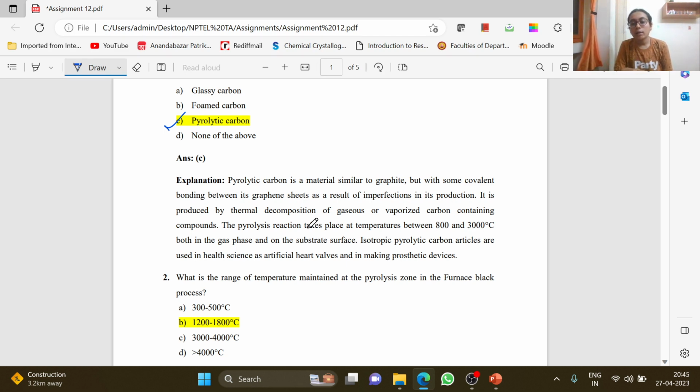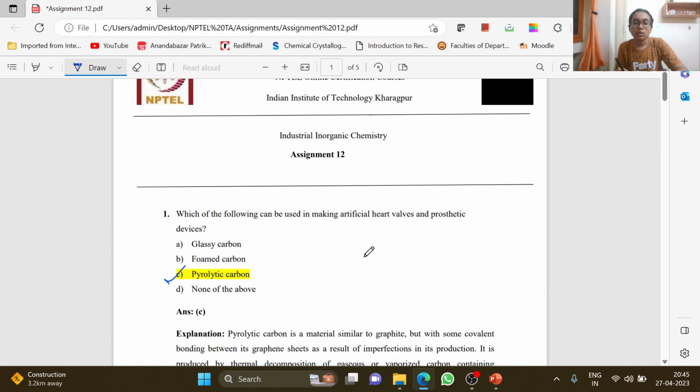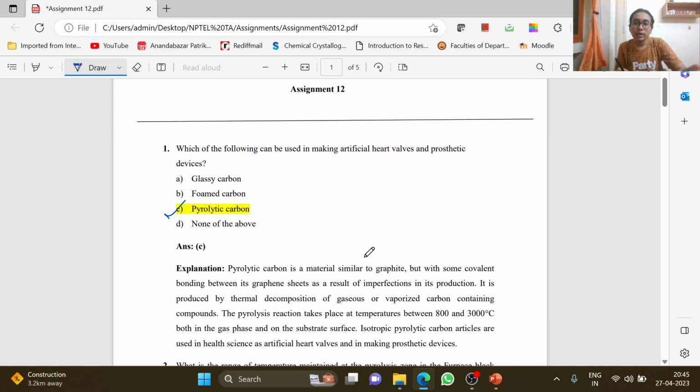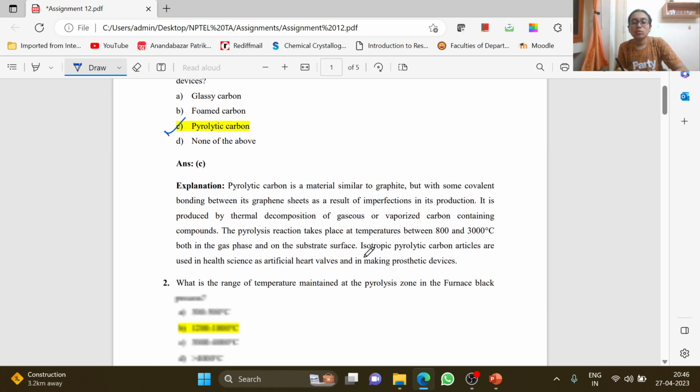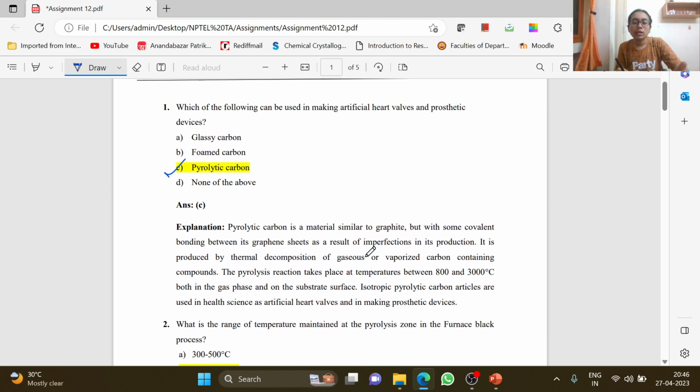Isotropic pyrolytic carbon articles are used in health science as artificial heart valves and in making prosthetic devices. Because our body is made of several hydrocarbons, right? So the form of carbon that we can use in medical science is pyrolytic carbon.